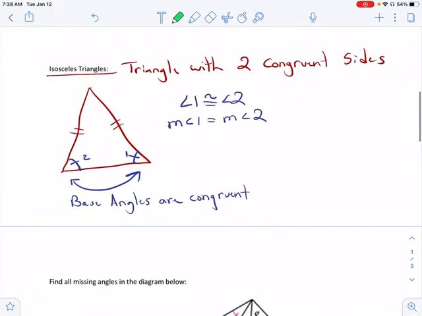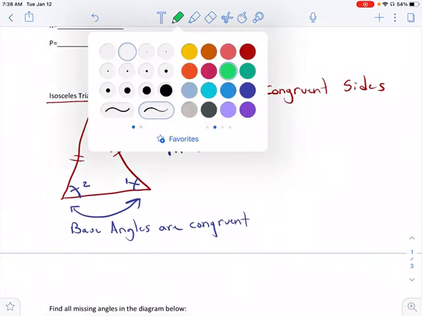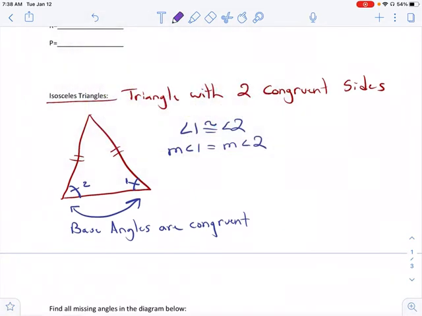Another thing that we can get from this, even though I wasn't necessarily intending to take a look at it, is if we have an equilateral triangle. So this would be an equilateral triangle. So equa meaning equal, lateral meaning sides. So all sides are the same.